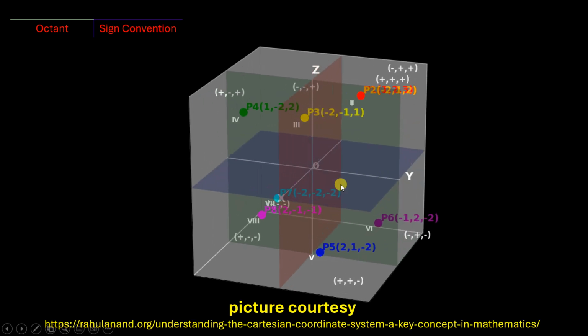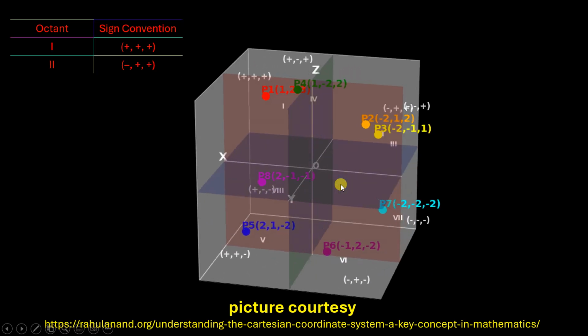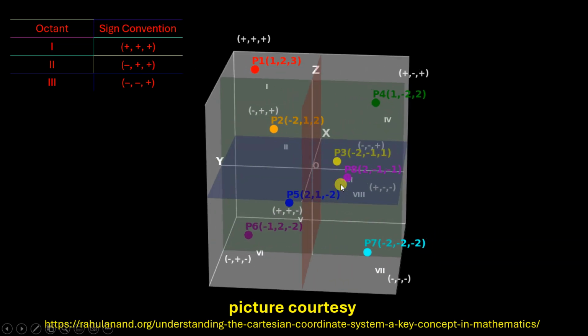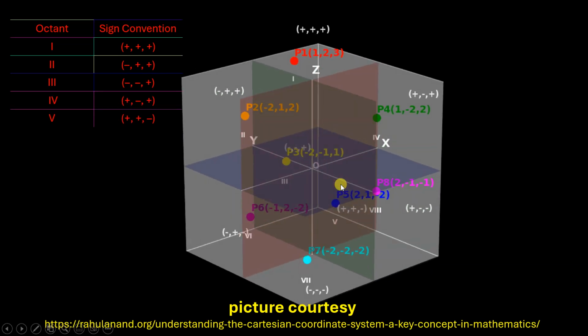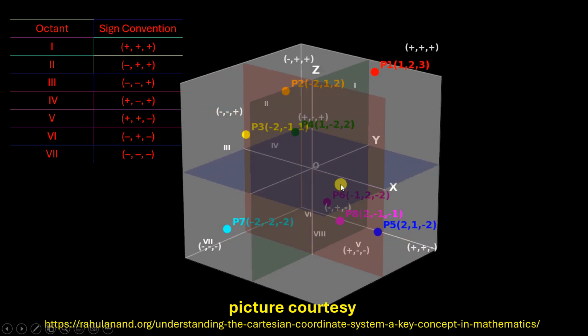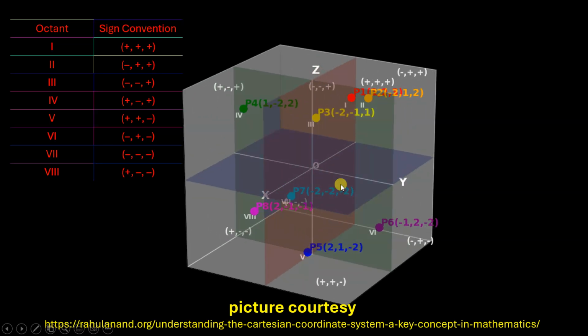If you are interested in the signs of the variables in each octant, this table gives you the signs of the variables in every octant. In the first octant, all the variables are positive, and in the seventh octant, all the variables are negative.